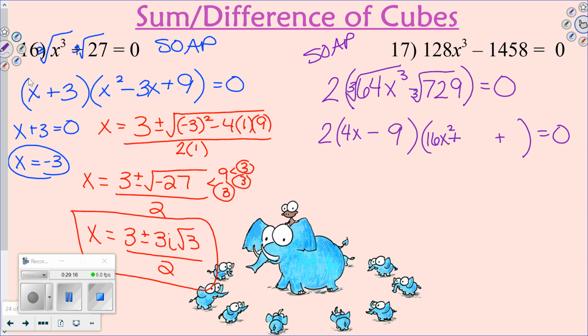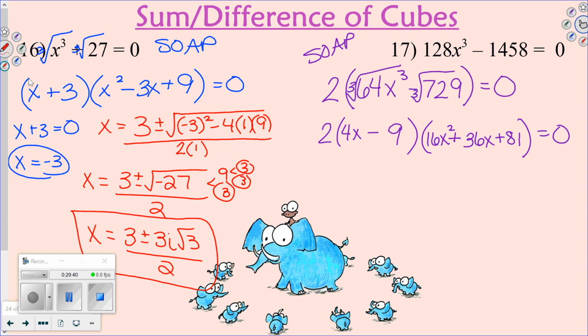Multiply 4x times 9, 36x, and then square the 9. 9 squared is 81. Will that factor further? No. You know, you laugh at me because I keep drilling this in your head. Somebody's going to try to factor it further, okay? It won't. I'm just trying to drill it in your head.